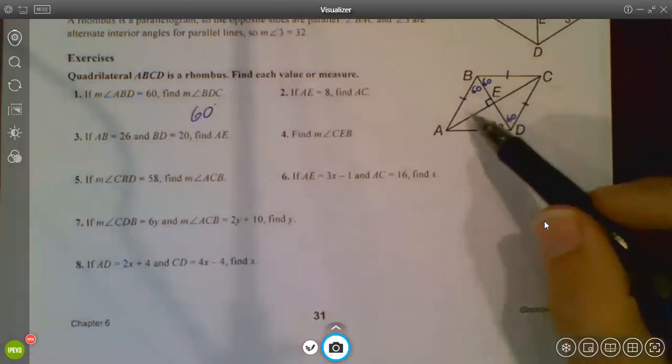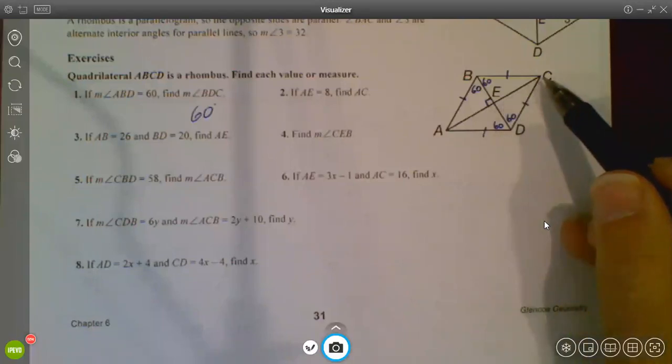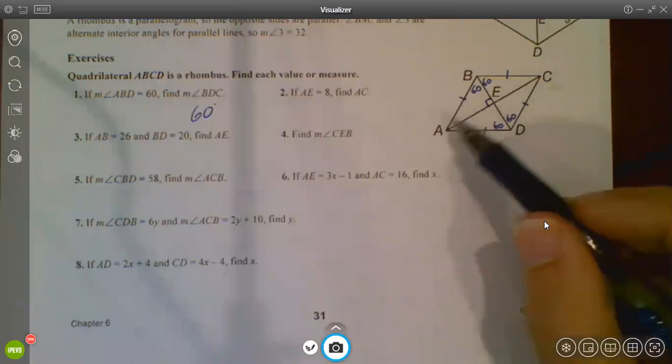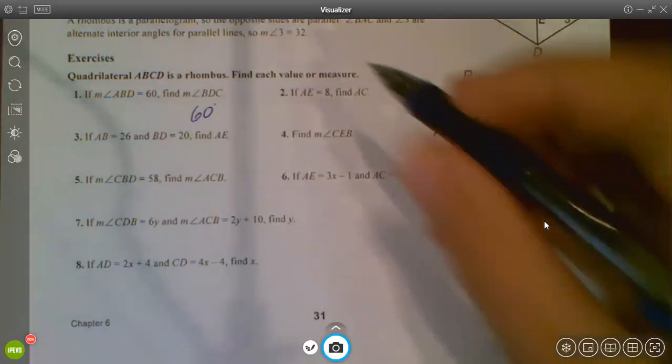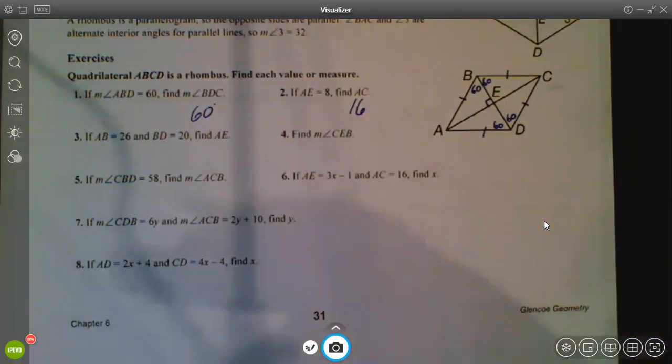So that means if AE is 8, then EC is also 8. So the whole thing from A to C would have to be 16. So that's just another one of those rules about all parallelograms that we've got to hang on to.